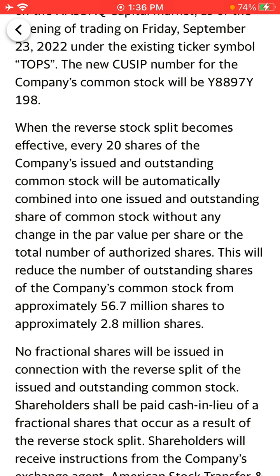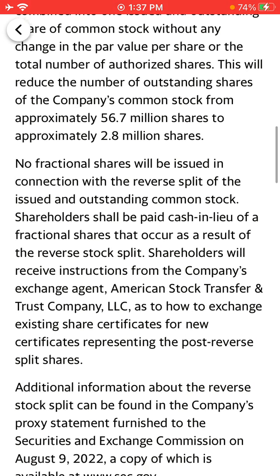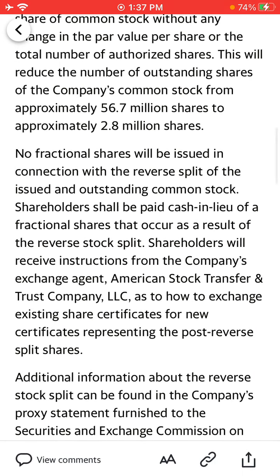Okay, well here it says what the current float was, and now after the reverse split it says in this sentence, this will reduce the number of outstanding shares of the company's common stock, and so that's another word for float, the common stock, from approximately 56 million to 2.8 million.